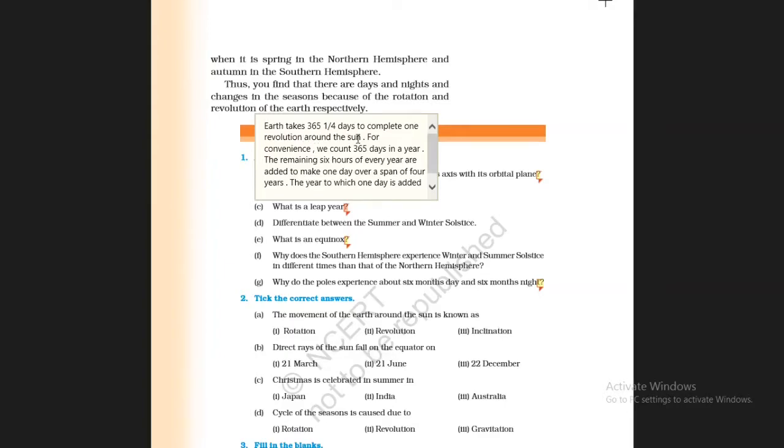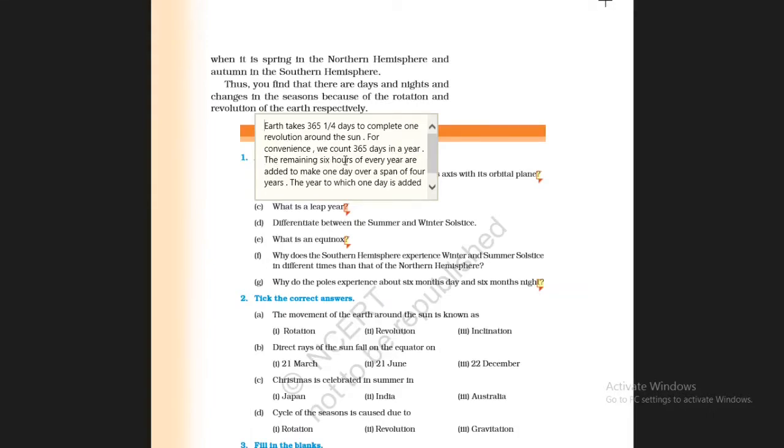Our Earth takes 365 and 1 by 4 days. 1 by 4 day is equal to 6 hours. So for convenience, we count 365 days in a year.